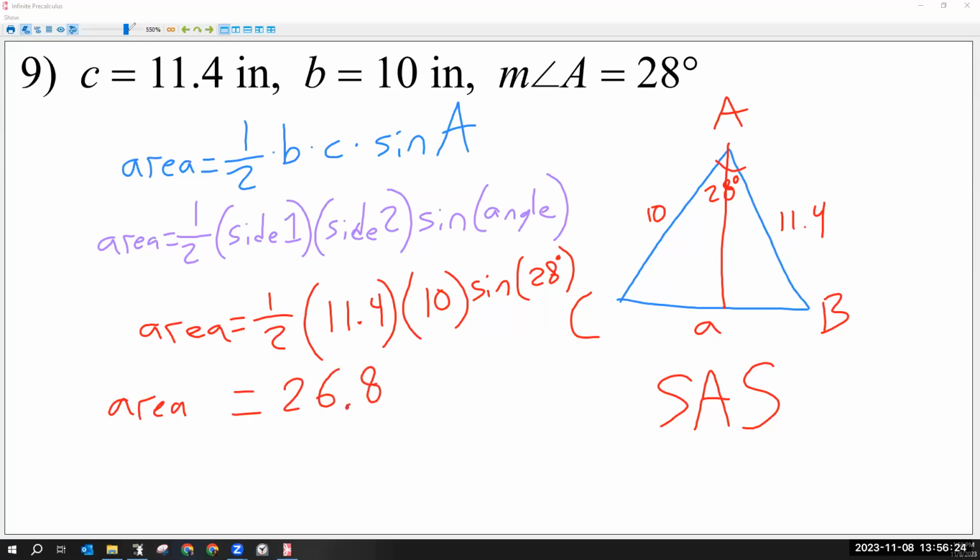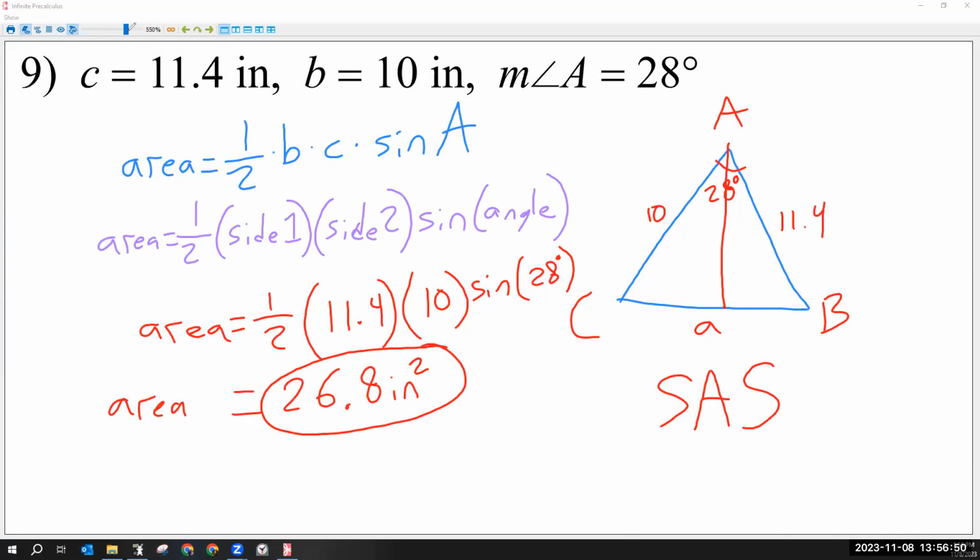0.8 what? There will be one of those on your test. That is the easiest question on your test.